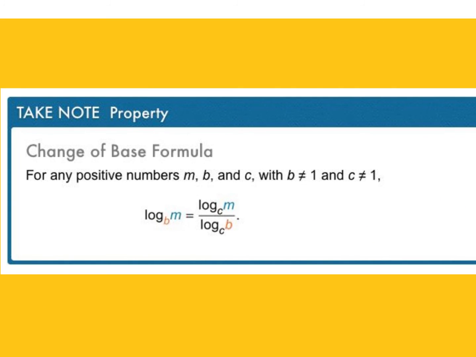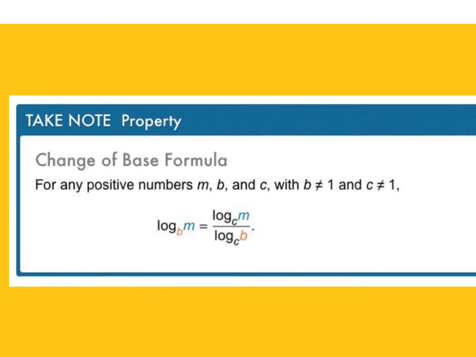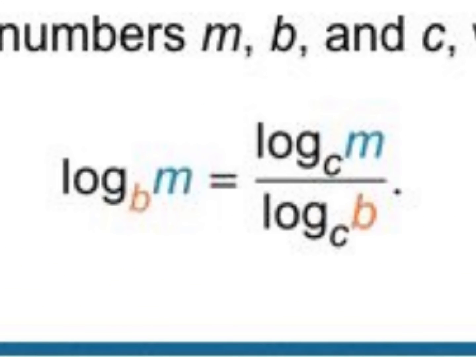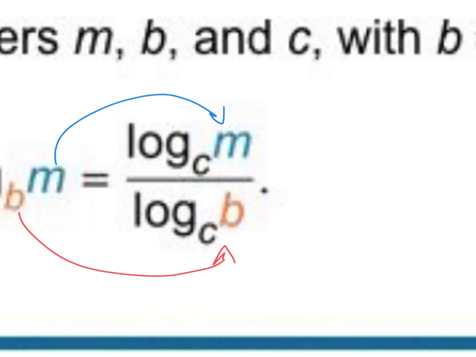So when we have a different base, we use this change of base formula, and this helps us put logs into our calculator. So we see we have the log base b of m. The m goes to the top, and the b goes to the bottom. Here it just says that we use this base of c now. We just made this new base c.